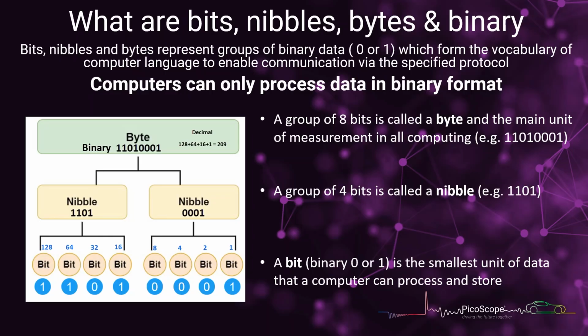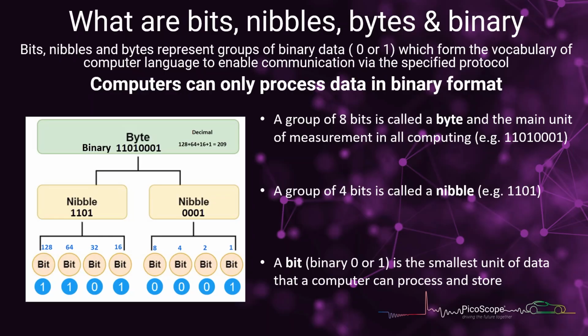A group of 4 bits is called a nibble, and nibble will become important when we look at CENT. There's a clue in there as to what the N stands for in CENT. A bit, binary 0 or 1, is the smallest unit of data that a computer can process and store. There's a little model on the left-hand side of our bits, how they're formed to make nibbles, and ultimately how 2 nibbles make a byte.